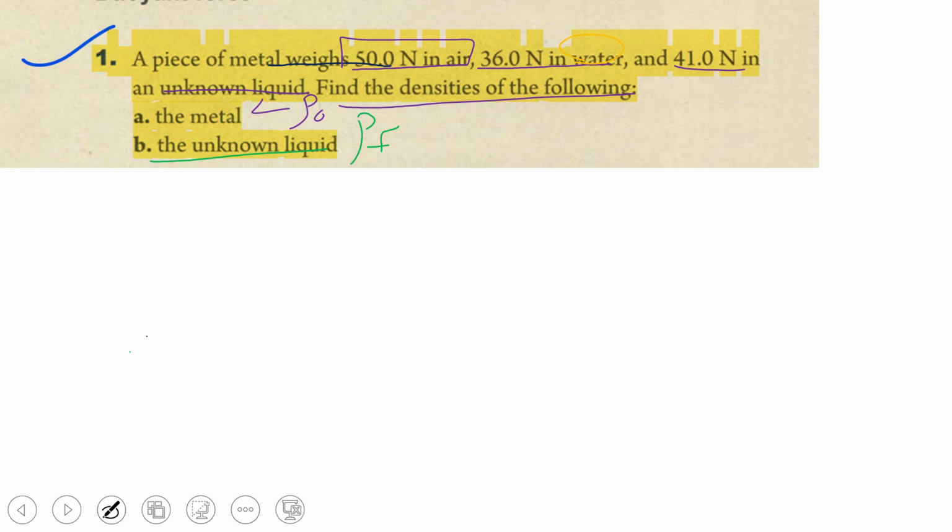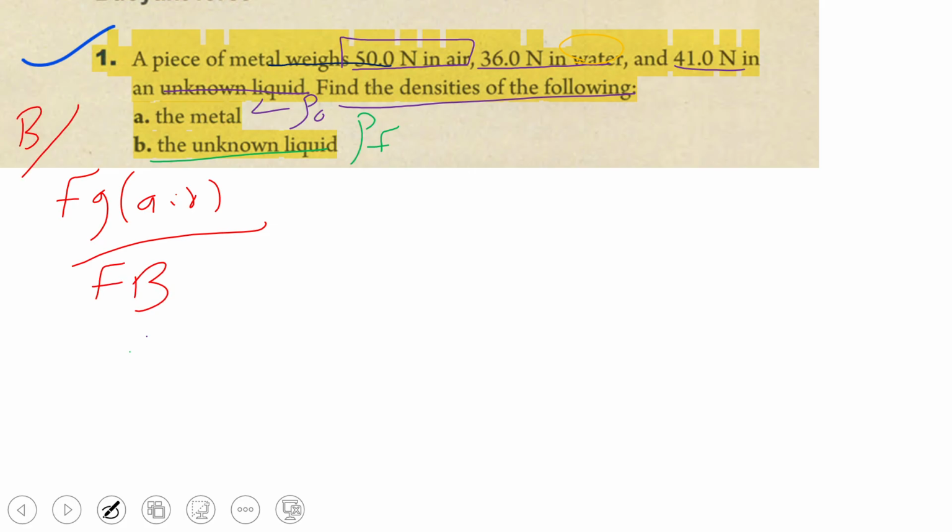Okay. Same rule. Fg object in air over this part B. Buoyant force equals the density of an object over the density of the fluid. So guys, what did part B say?